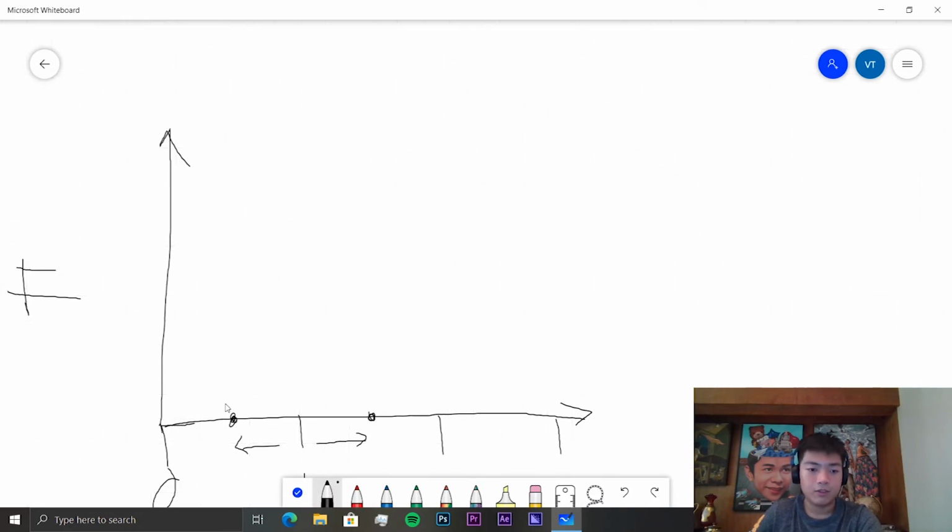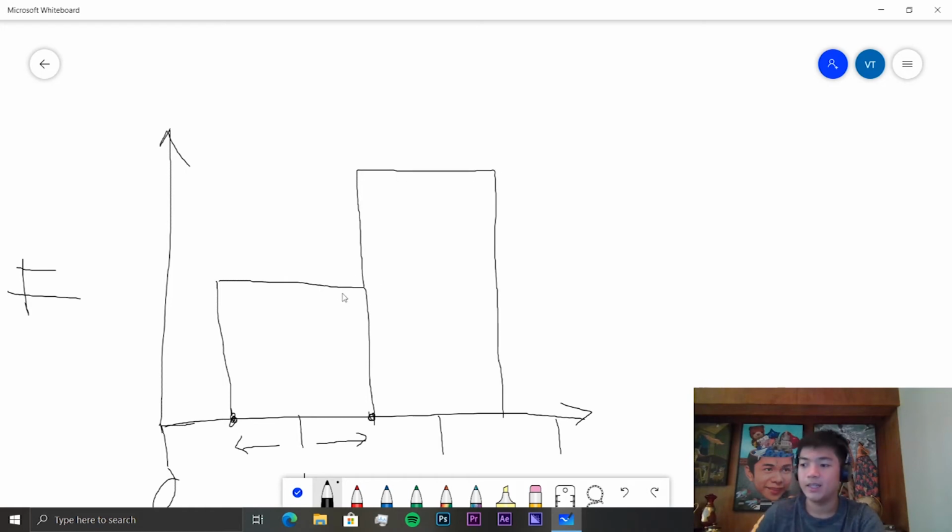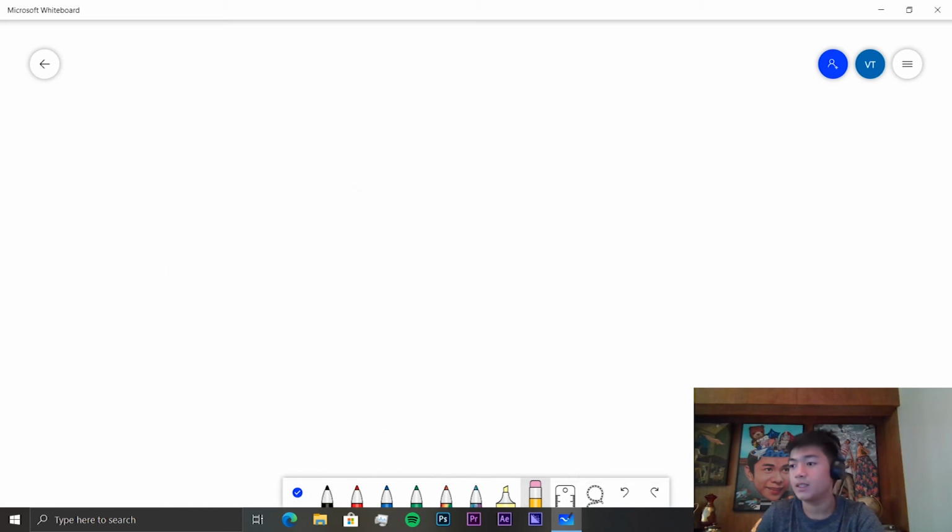If there's a frequency of 4 families with 1 child, we would draw it like this. And if there are 6 families with 2 children, we could draw it like here. As you can see, the bars are still touching, indicating that there's a relationship between the numbers. So yeah, that's it. Let's jump into some questions.